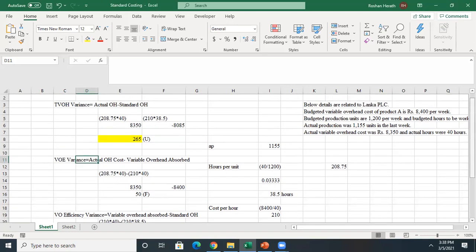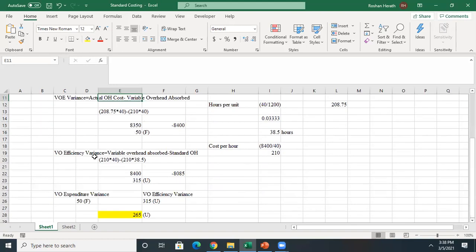So here, when it comes to the variable overhead expenditure, you have kept the hours constant, actual hours, then the actual expenditure and standard expenditure varies. Similarly, when it comes to the efficiency, you could see that the standard cost per hour remains same, but the actual hours and the standard hours were different.